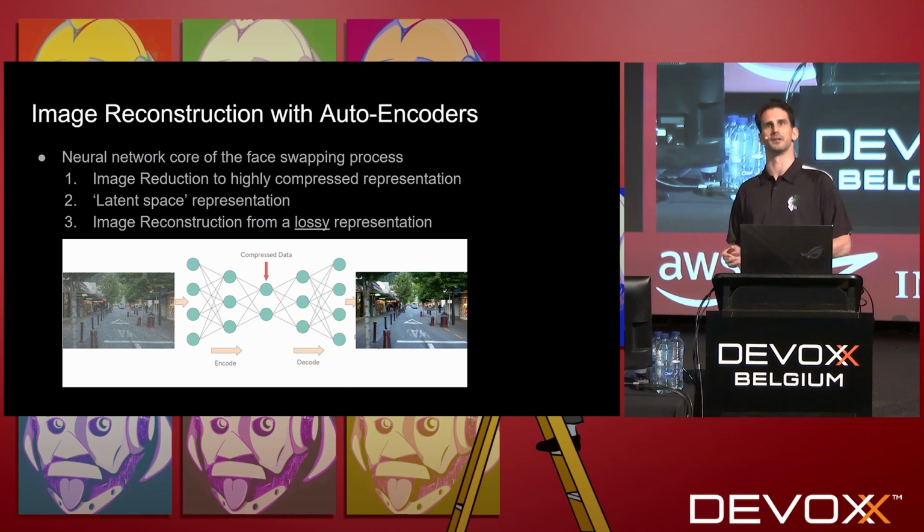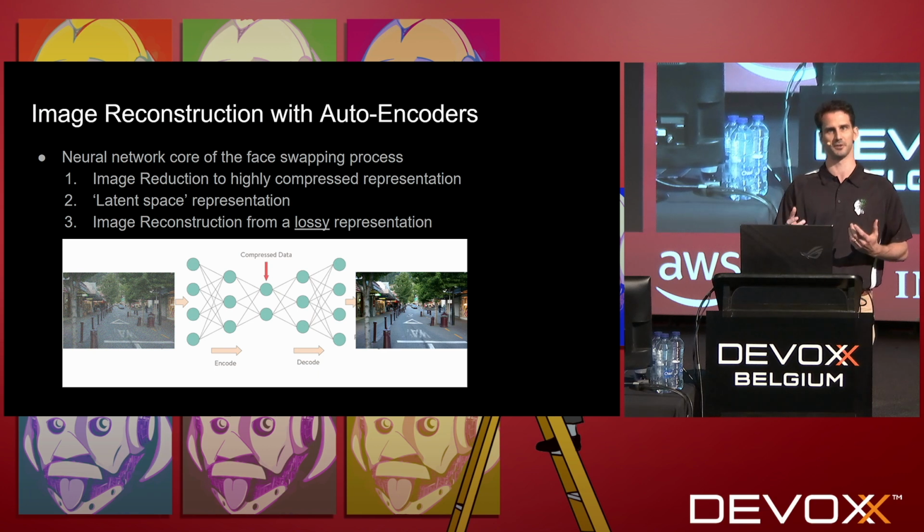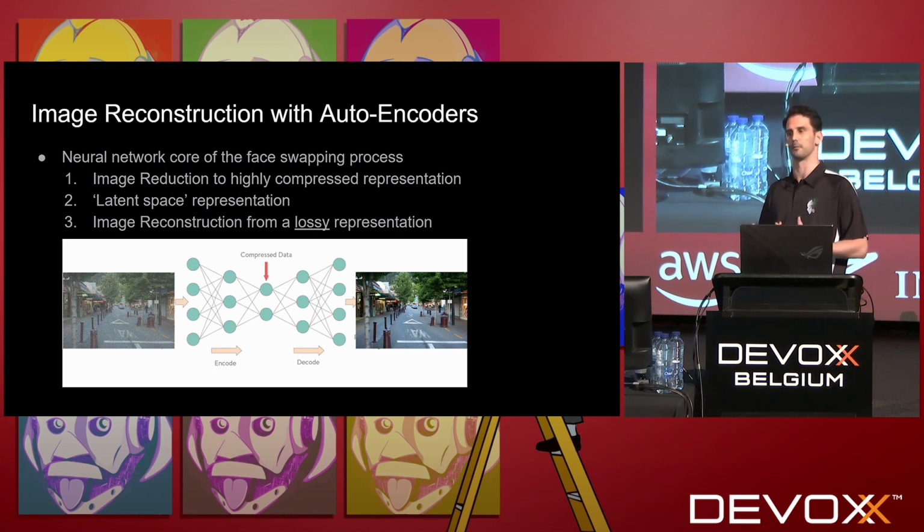And it's very similar to the face recognition network I described before. It's going to be reducing it to the principal components, the most important components of this face that will allow a neural network to describe it in the least amount of information and reconstruct that face using the smallest amount of data.